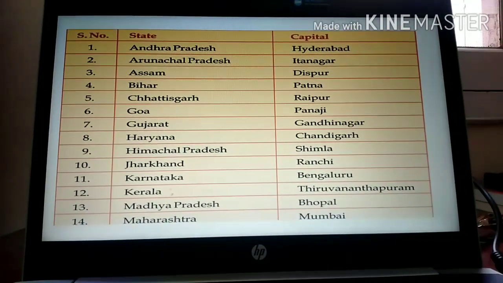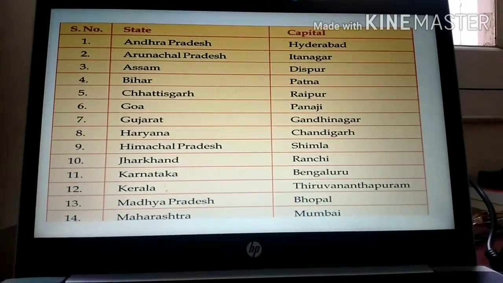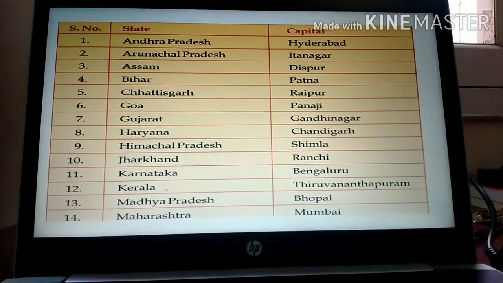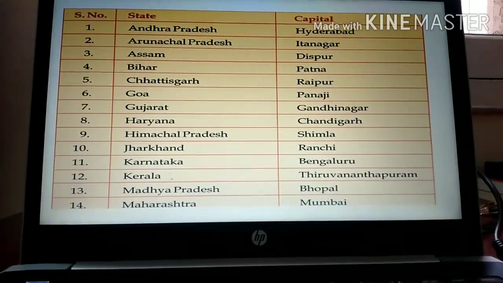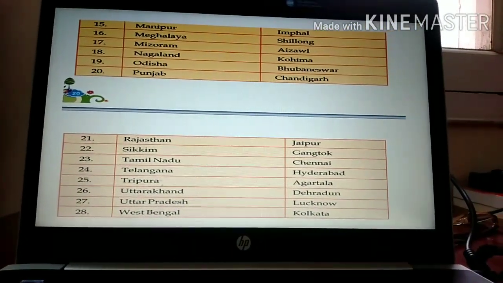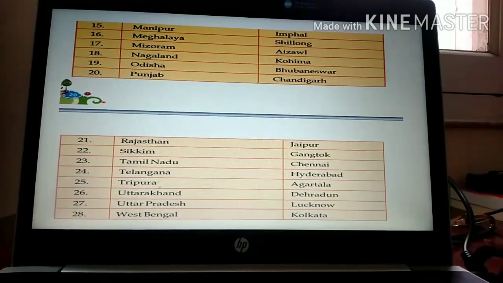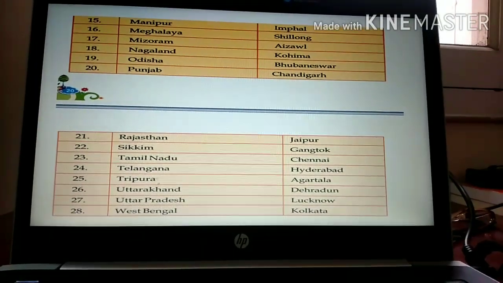Himachal Pradesh, Shimla. Jharkhand, Ranchi. Karnataka, Bengaluru. Kerala, Thiruvananthapuram. Madhya Pradesh, Bhopal. Maharashtra, Mumbai. Then comes Manipur, and the capital is Imphal. Meghalaya, Shillong. Mizoram, Aizawl. Nagaland, Kohima.